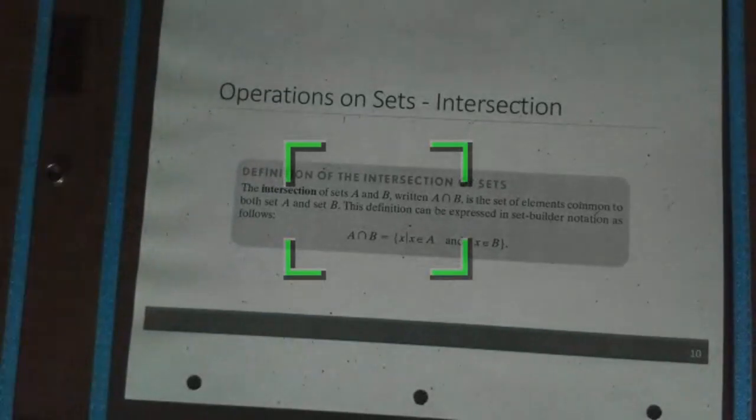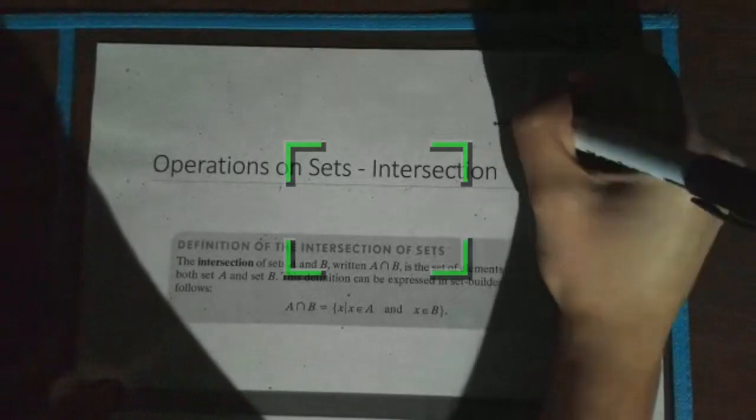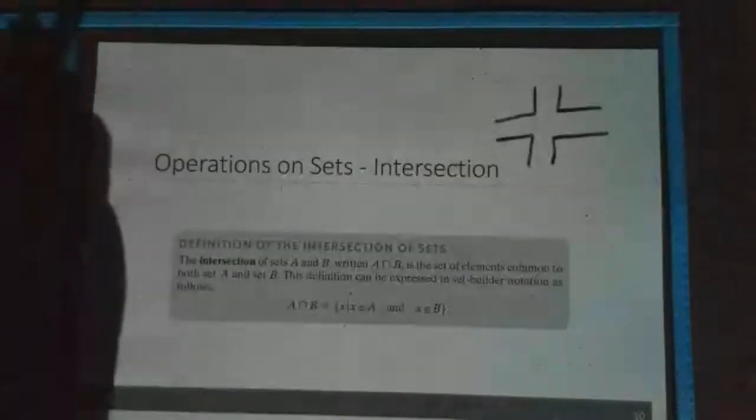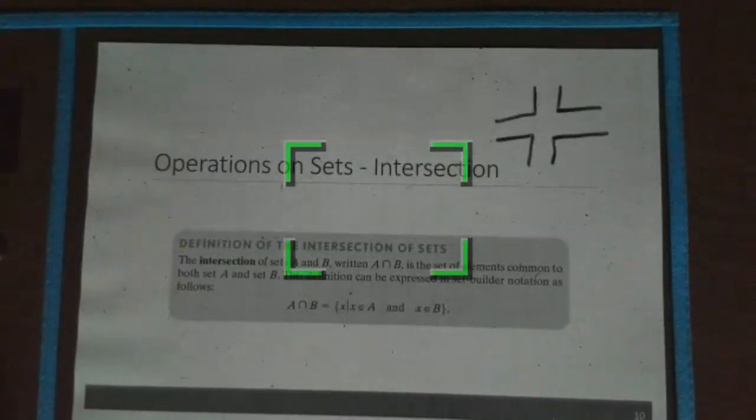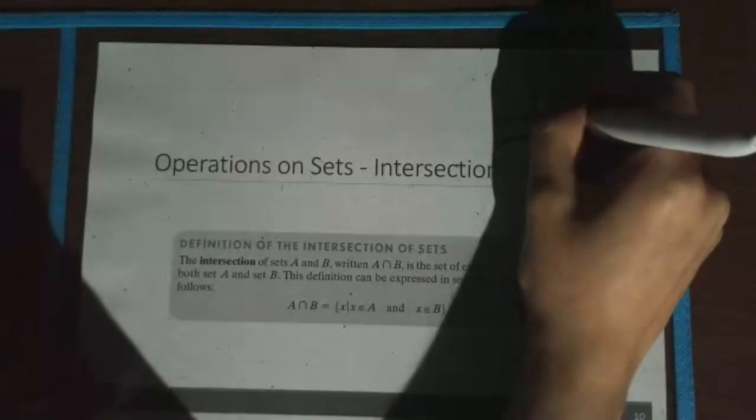Next up, we have the intersection. Now, when I hear intersection, I think of where two roads meet. So this area right in the middle, that's the intersection to me.